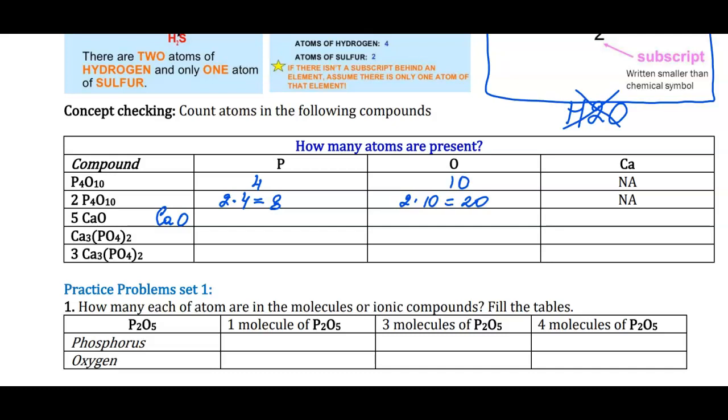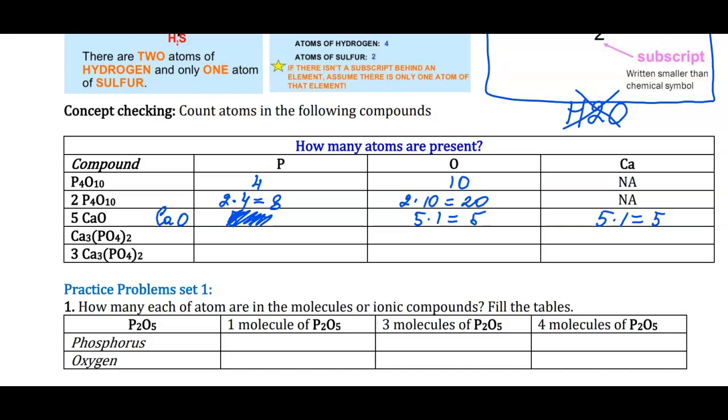But coefficient 5 gives us 5 multiplied by 1, 5 atoms of calcium, right? And 5 multiplied by 1, 5 atoms of oxygen, right?